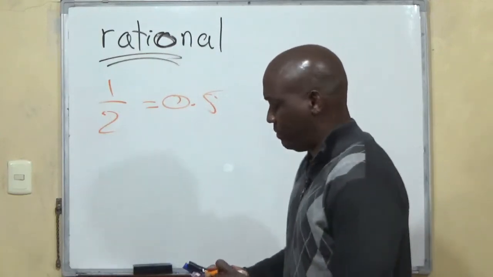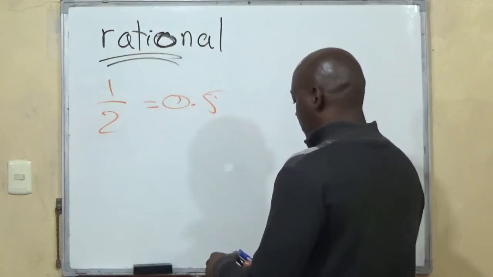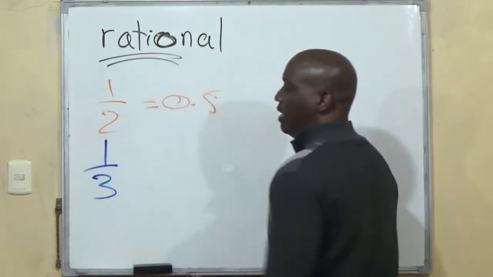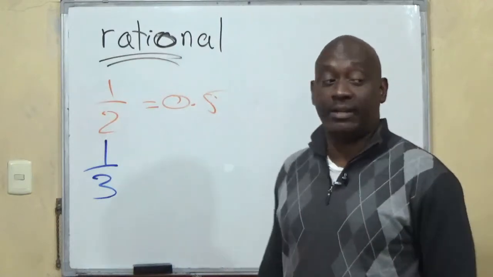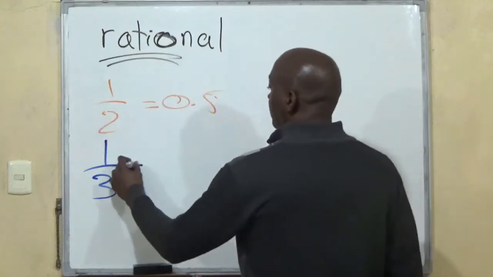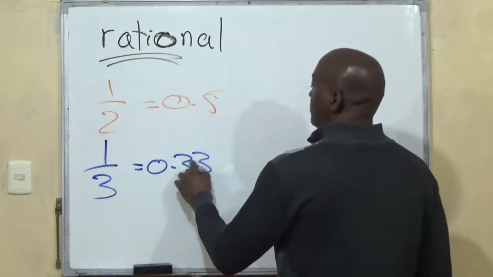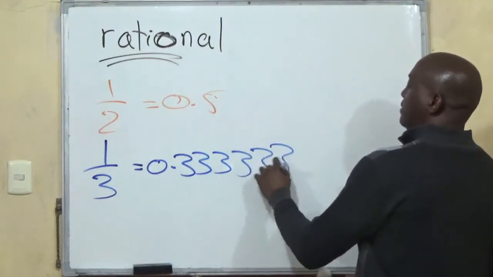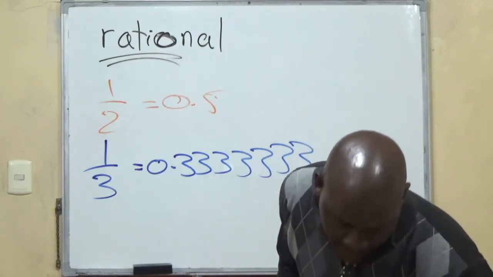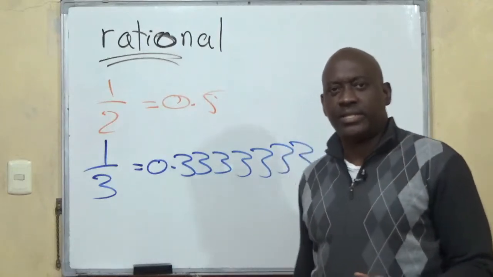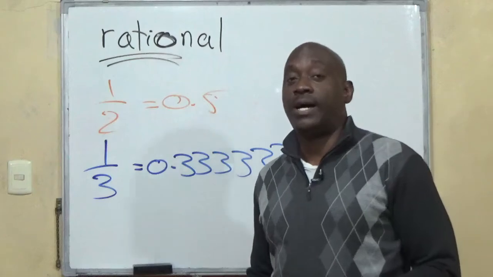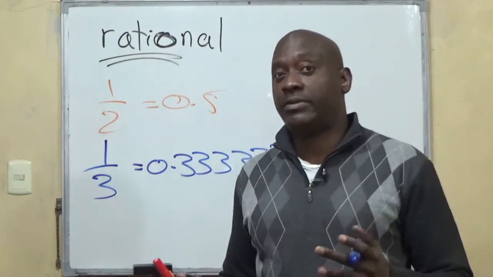What happens now if we move from 1 over 2 to 1 over 3? Aha! Different kettle of fish we're talking about here, because 1 over 3 would be 0.3333333 going down the road. This is what most of us would have been exposed to as a recurring decimal.